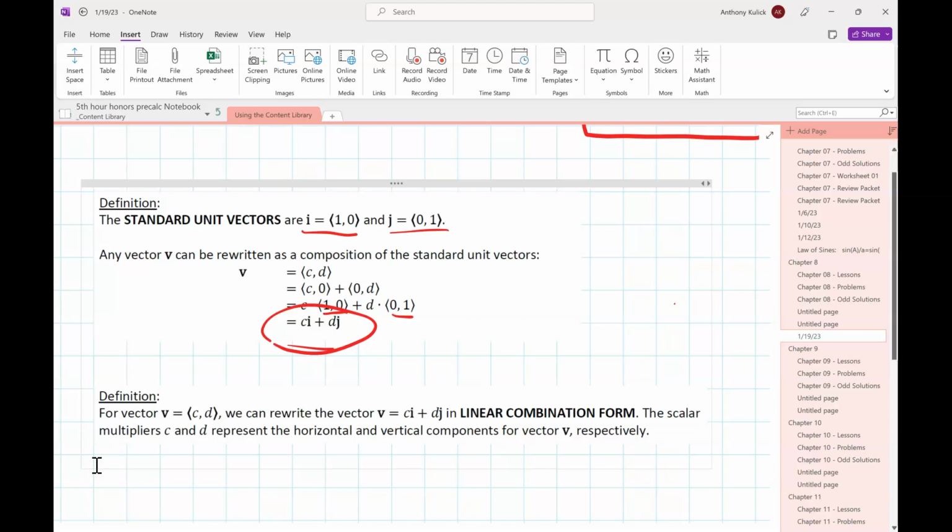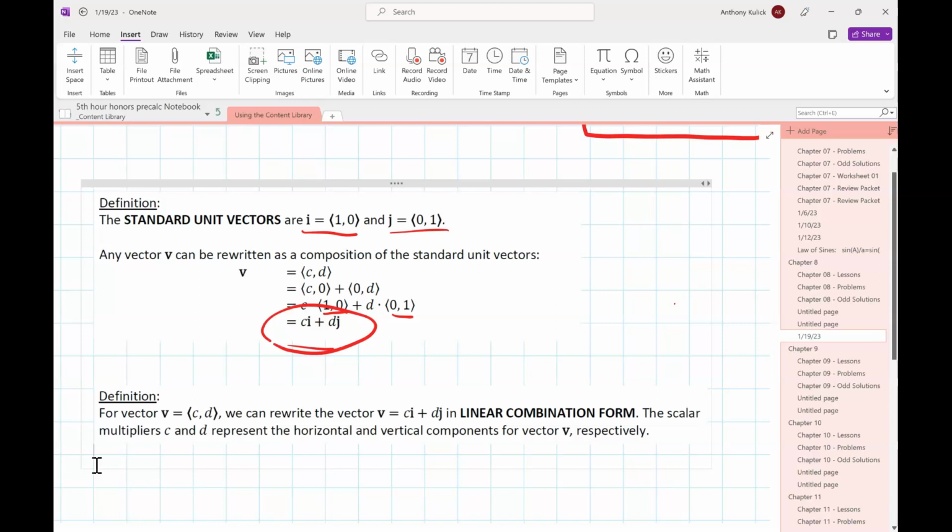And at this point, this doesn't allow us to do anything neat right now, but in the future, this becomes a helpful representation. So for right now, all you really need to worry about is, can I go back and forth between a component form vector and a linear combination form vector?